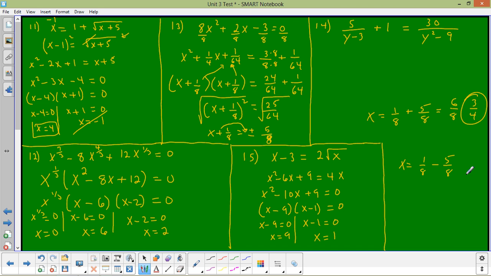So one answer, 3/4, and the other answer is -4/8, because 1 minus 5 is -4, which is -1/2. So there's the solution for number 13. Two answers, 3/4 and -1/2, done by the complete the square method.